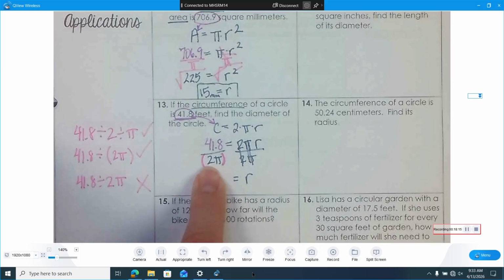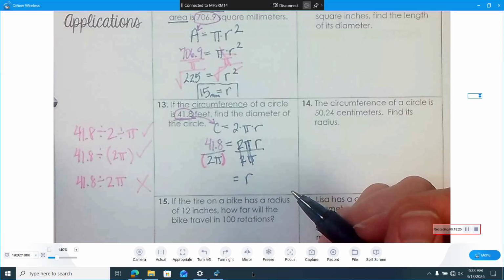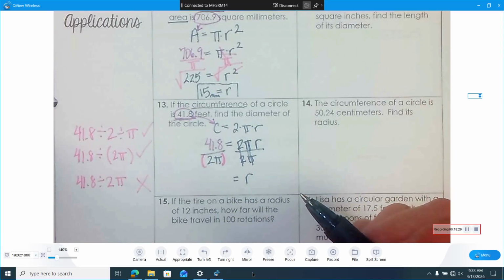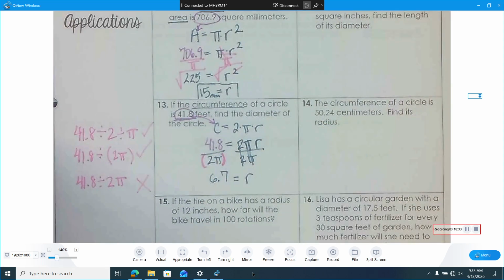So I just encourage you, when we're dividing by more than one thing, put parentheses around it. All right, what do we get for an answer? Did you divide or multiply? 6.7? Yeah, 6.7. Okay. So the radius is 6.7.